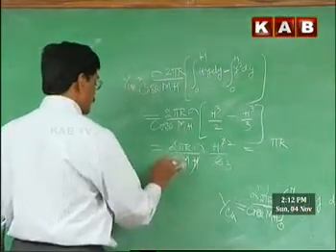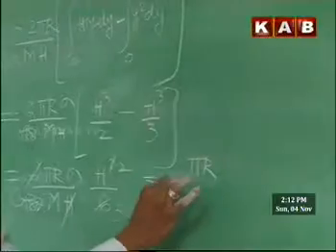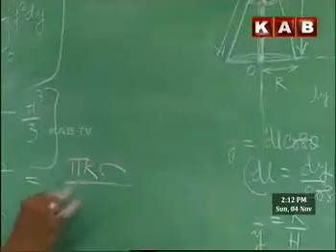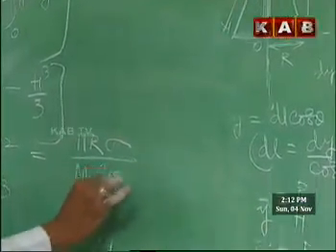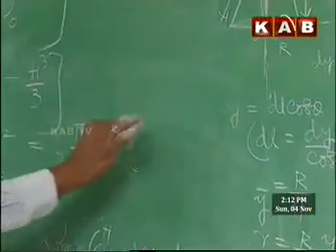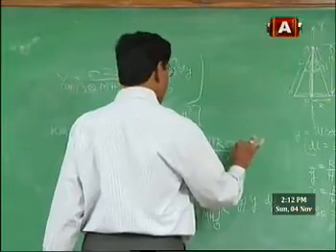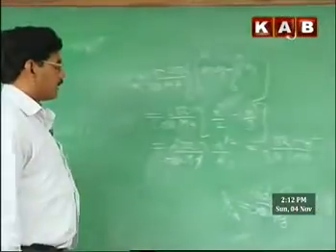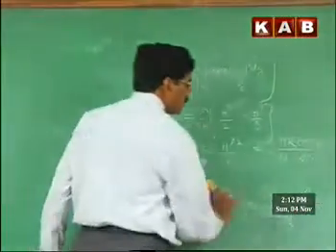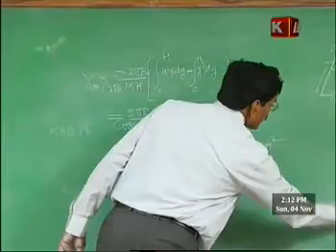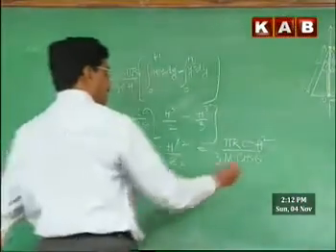Cos theta here, pi r sigma m cos theta into 3 r into h square we have got. Now substitute sigma value and cos theta value.